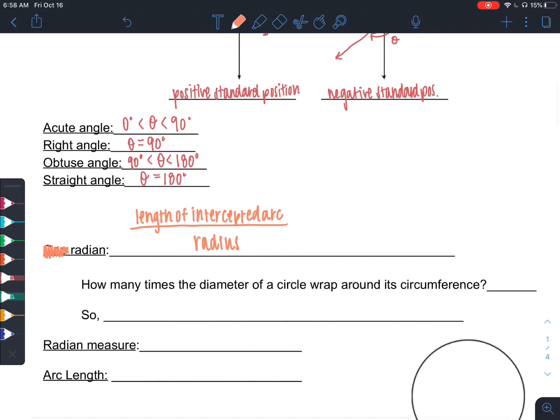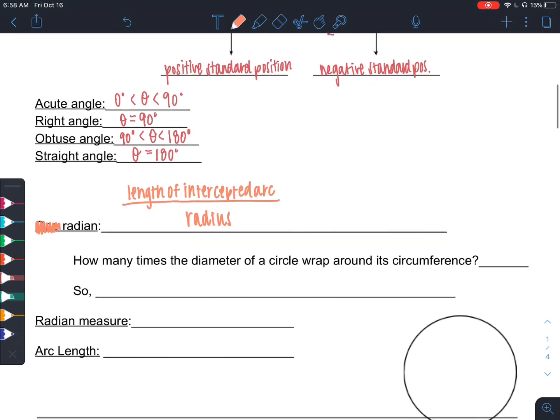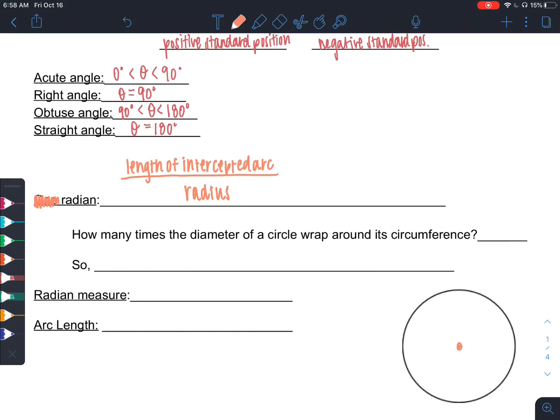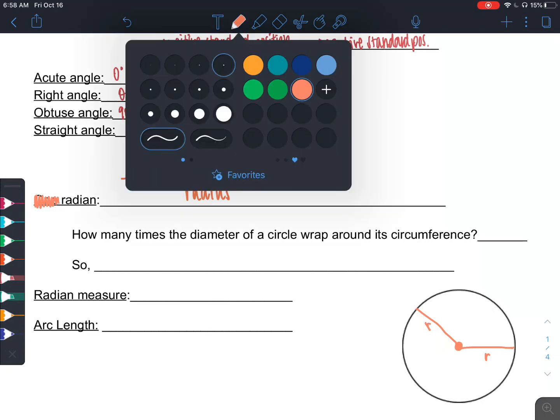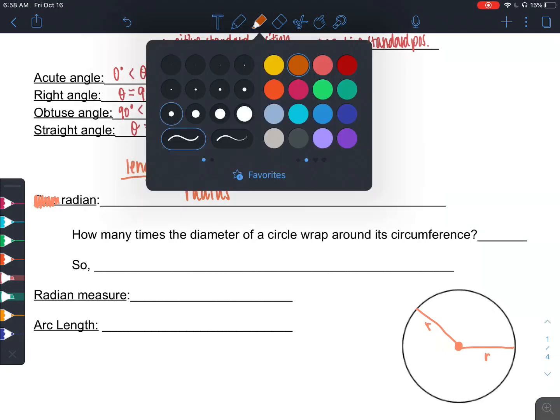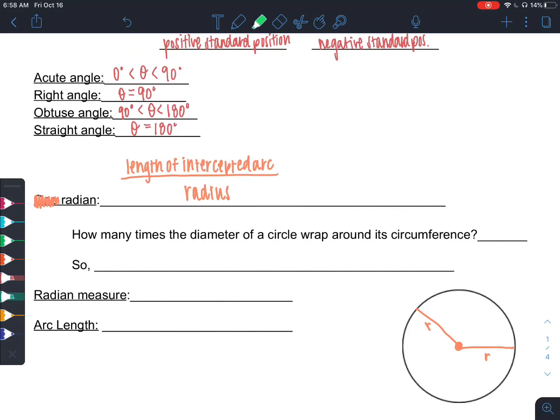So if I have an angle here, this is my center. Here's a radius, and here's a radius. The intercepted arc is the section here. So that is the intercepted arc.